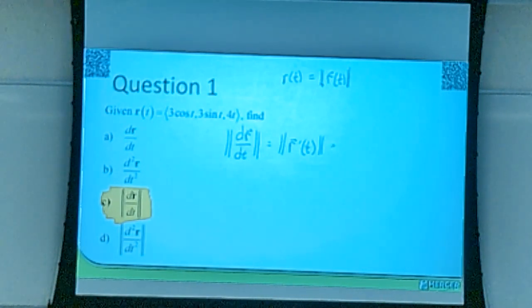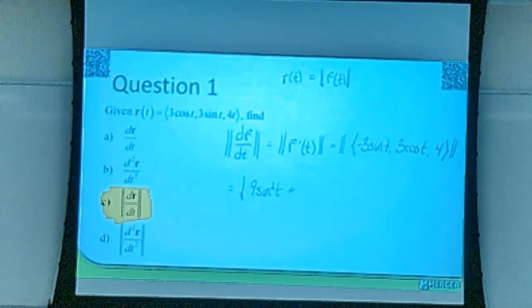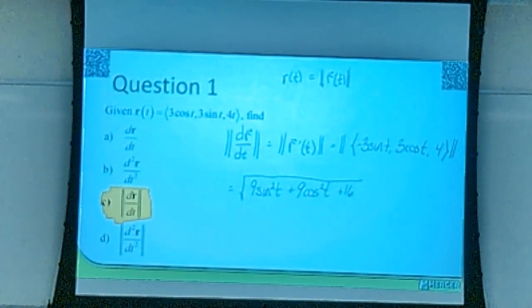But we already found the derivative, right? So square root of the sum of the squares, what does that equal? 25 or 5? That is just 5.